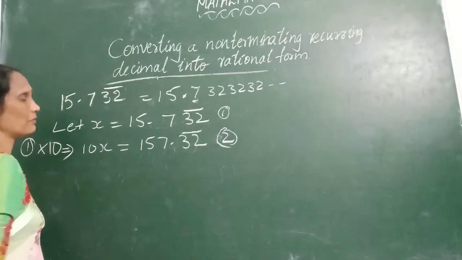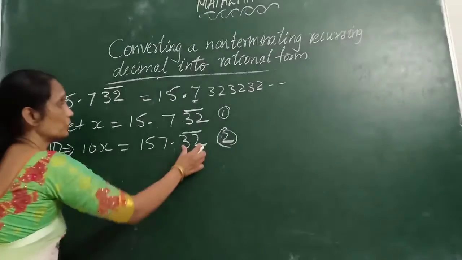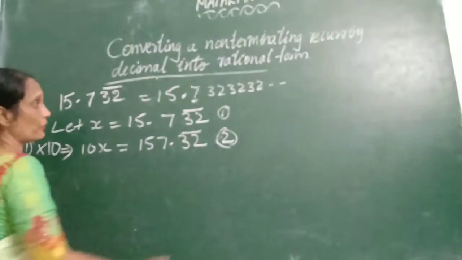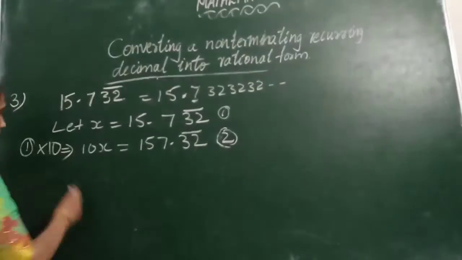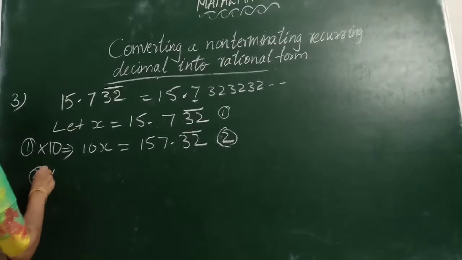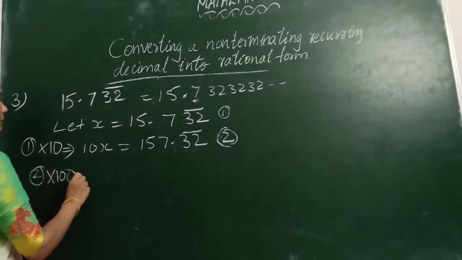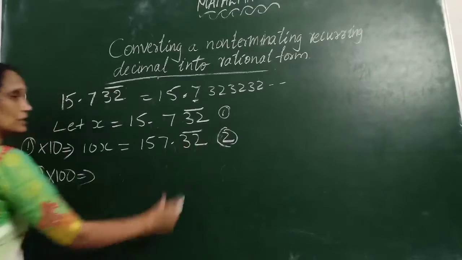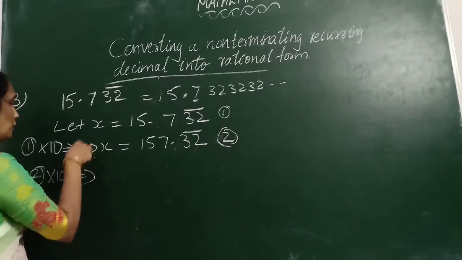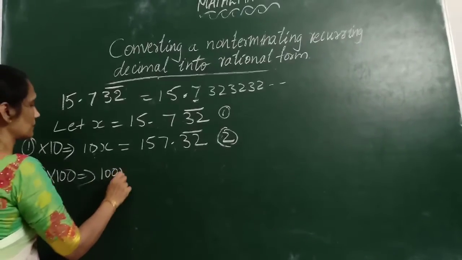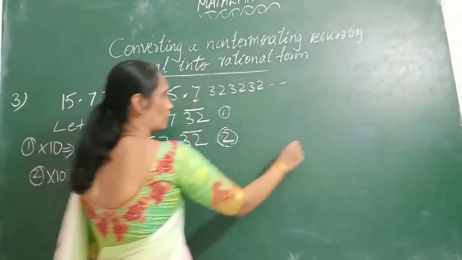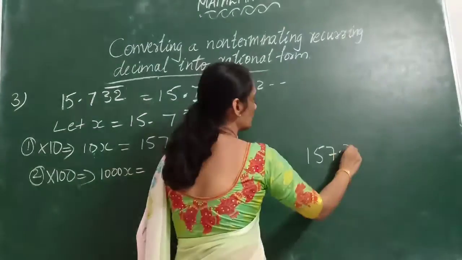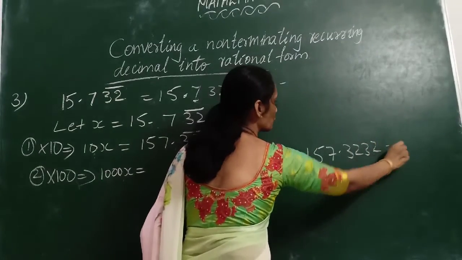Okay, now the thing became very easy. 32, the periodicity is 2. So we have to multiply equation number 2 by 100. Why are we multiplying by 100? Because the periodicity is 2. So it will become 10 into 100, that is 1000x, equal to, you see here, 157.32 means 3232 and so on.